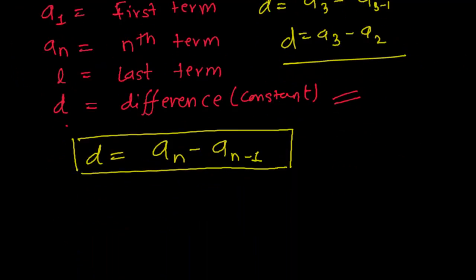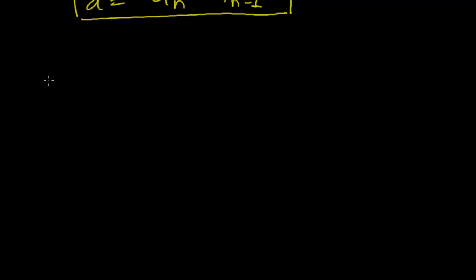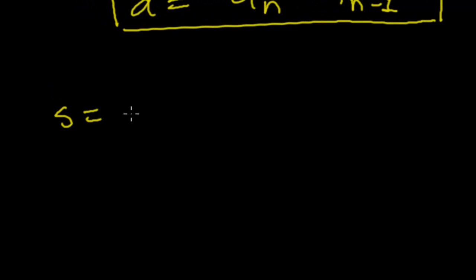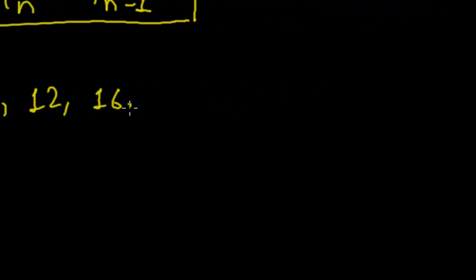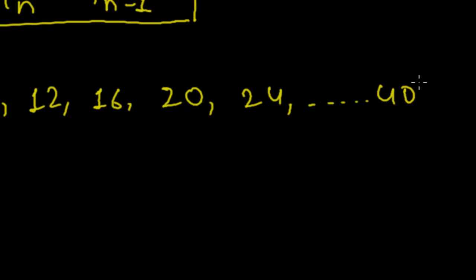And let me just take an example and solve it. Suppose here is a sequence, or series, suppose it's 4, 8, 12, 16, 20, 24, suppose it's up to 40. It may not be ending, it may be some infinite sequence. So here a1, the first term, is 4.